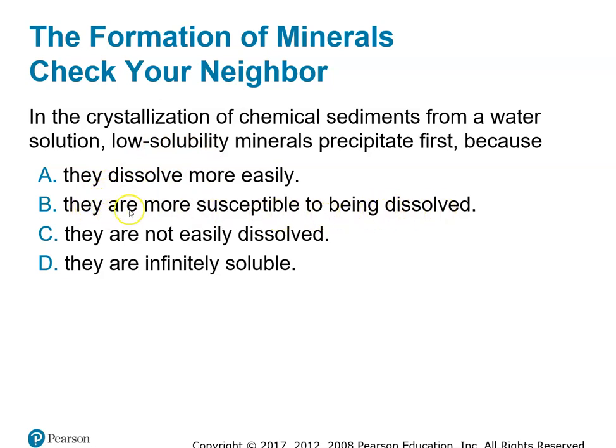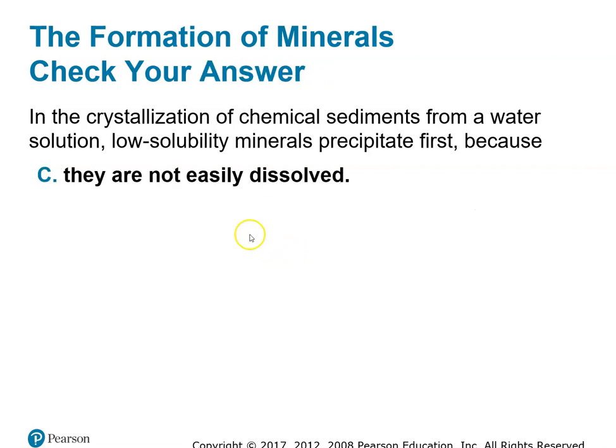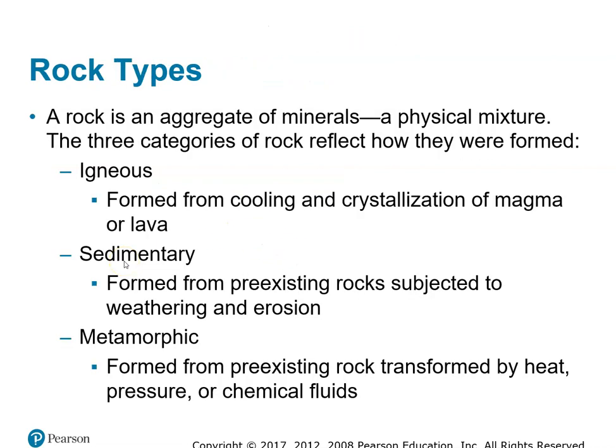No, that would be high solubility. They are not easily dissolved, right? That's the one. They are infinitely soluble. I don't even know what D means, but C would be the answer, right? Because they're low solubility, they're not easily dissolved in water. All right, so there it is.